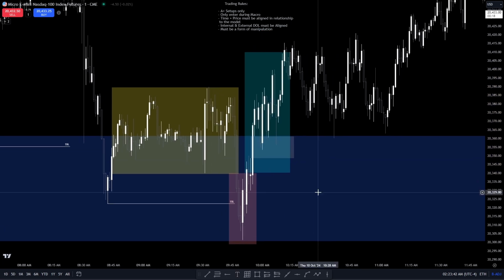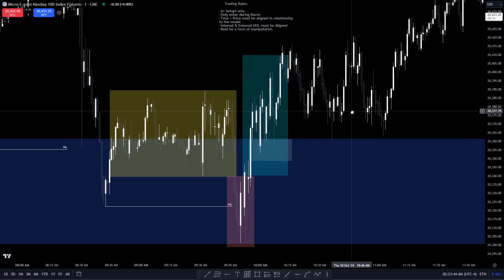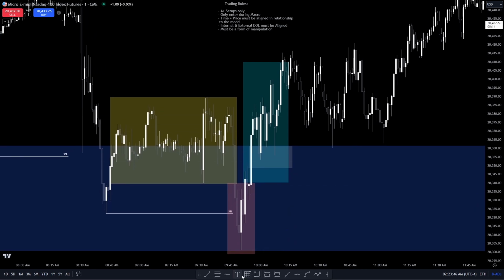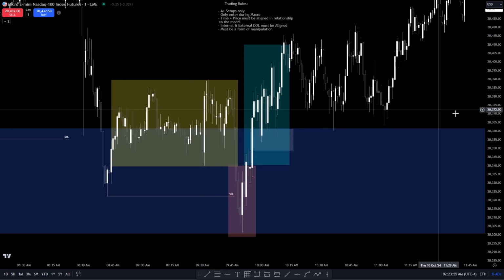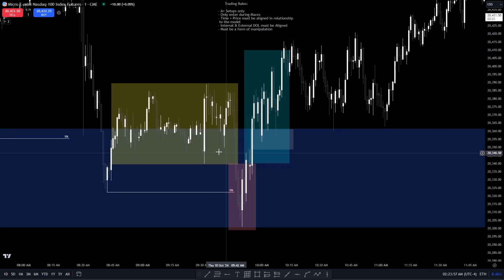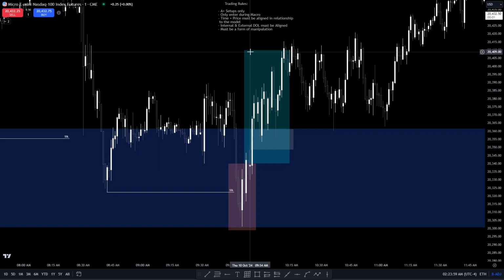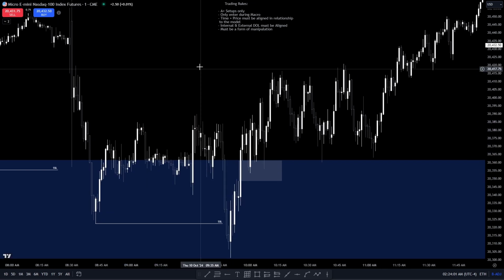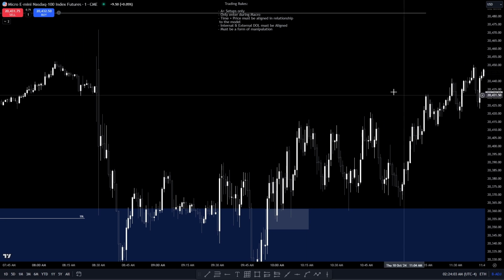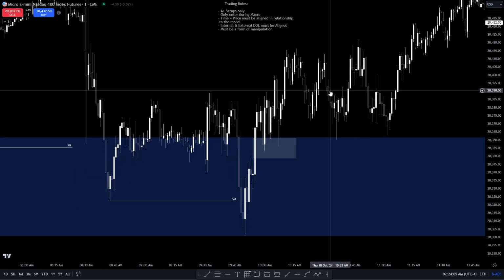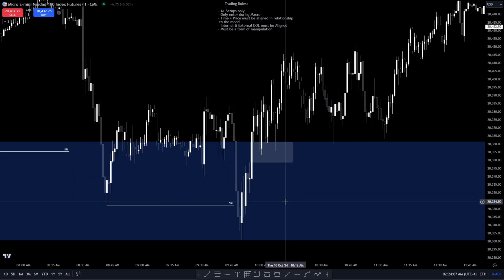So this is called AMD, accumulation, manipulation, distribution, right? It's another known ICT concept, a deeper part of it. I knew that this could have been a potential AMD setup in alignment with my bias, which would have given me more confidence in the model, right?